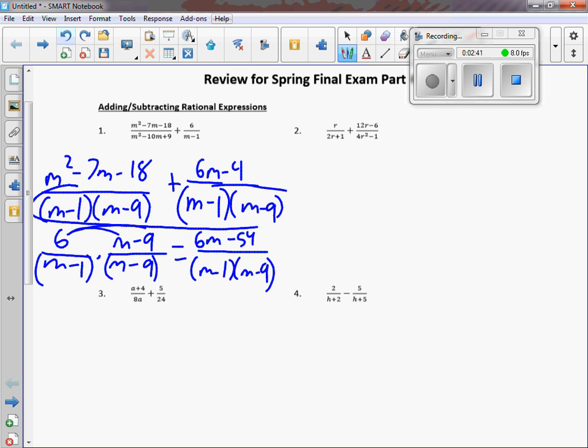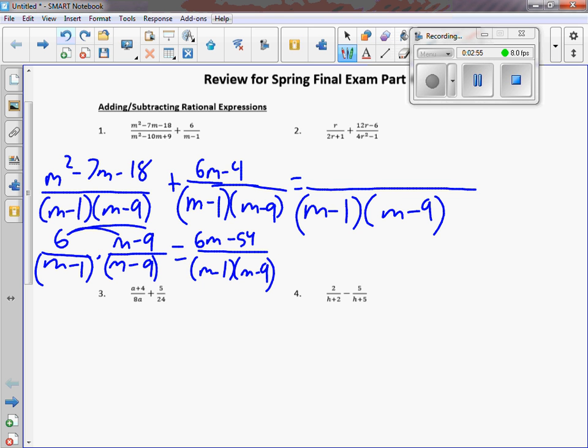Now notice these two have the same exact denominators. Now we can add and subtract them. When we add and subtract with rationals, when the denominator is the same, we're not going to change it. On top, we're going to take the top pieces and combine like terms.